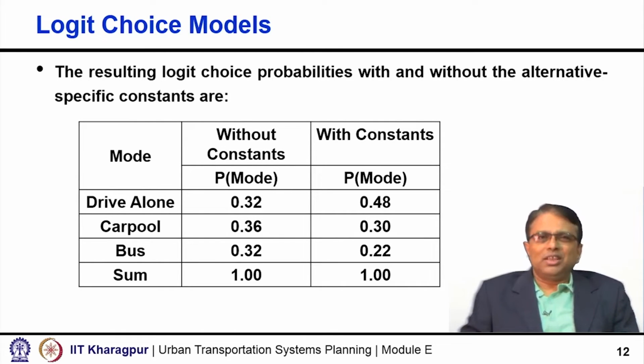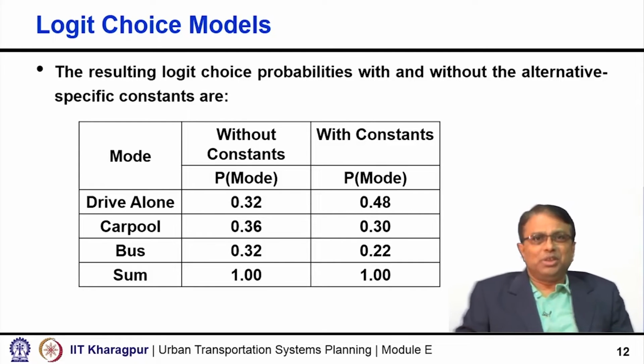Here I am showing then what is the probability of using different modes when you do not consider the constants vis-a-vis when you consider the constant values, AC values or mode specific biasness, then what are the probabilities.